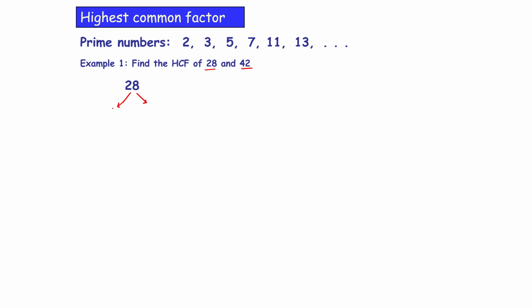Well, we start with the smallest number, so we try 2. Does 2 go into 28? Yes, 14 times. And then we go again. Does 2 go into 14? Yes, it does. How many times? 7 times. Now 2 is a prime number, as is 7.